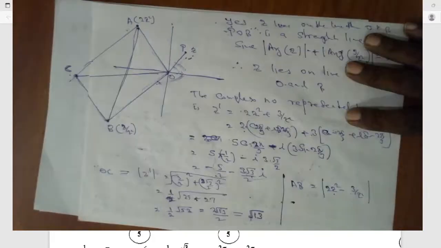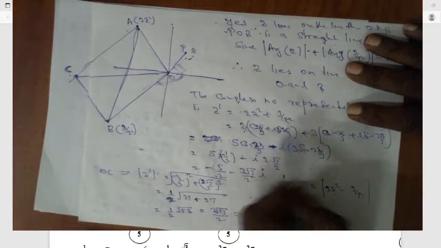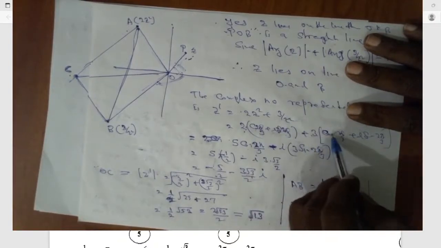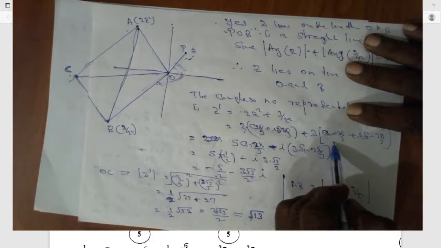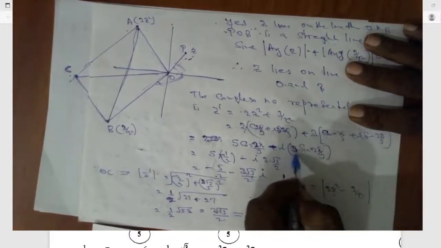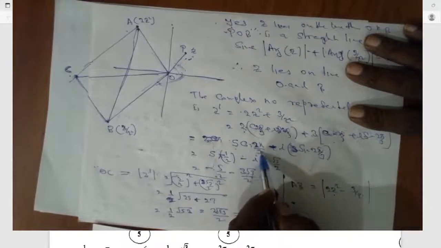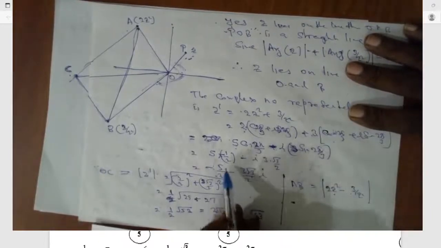When you find OC, there's one mistake. Right? Here 2 cos 2 pi by 3 and 3 cos minus 2 pi by 3, so it equals 5 cos 2 pi by 3 plus minus i times sine 2 pi by 3 only. Right?